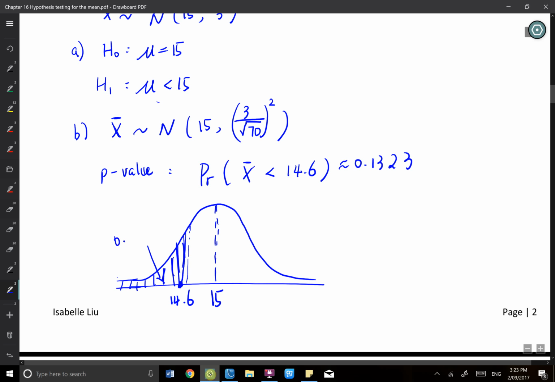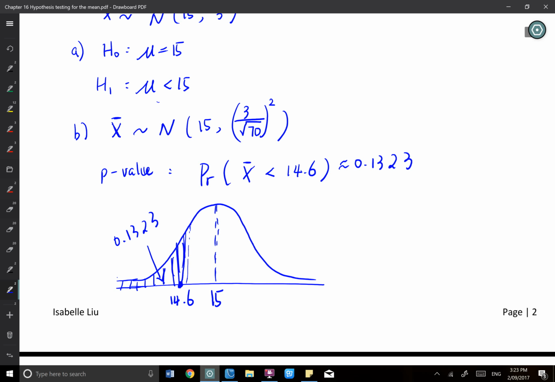That's 0.1323. Do you think it's easy to get a value that is less than 14.6? Kind of, it's 13%. It's a large probability. So the point is, is it easy to get that value?